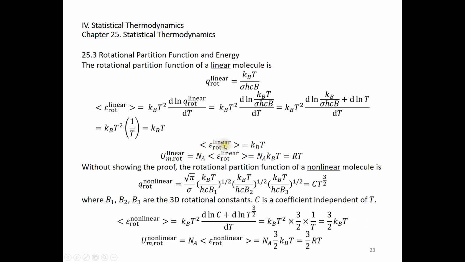For a linear molecule, assuming the molecular axis is the z-axis, then we have rotations about only the x and y axis. The rotation about x is 1/2 kBT. About the y-axis, also 1/2 kBT. So we sum up these 2 1/2 kBTs. We get 1 whole kBT over here for the rotation of a linear molecule.